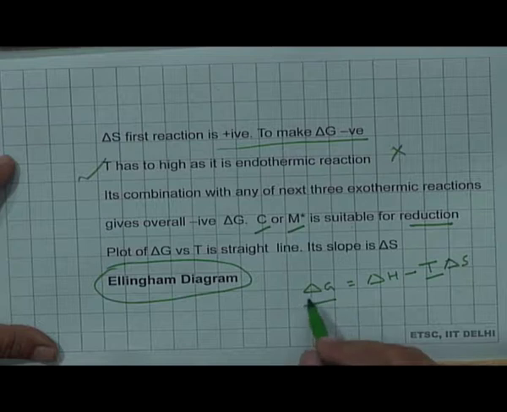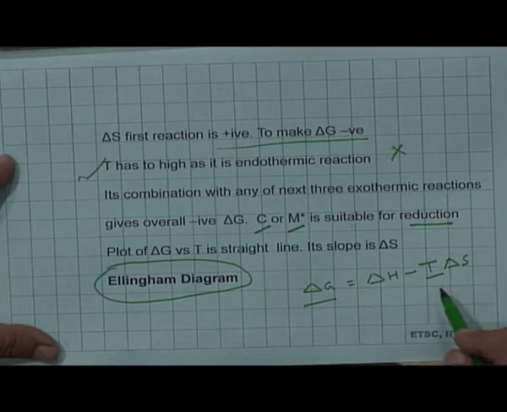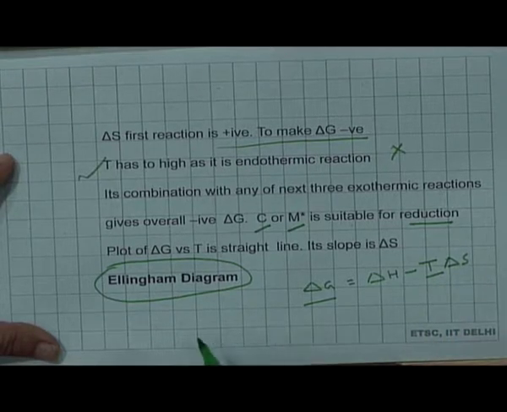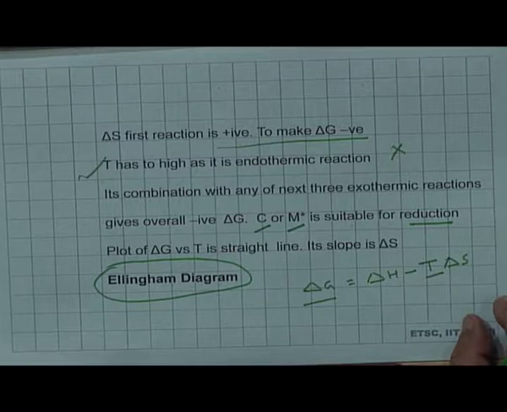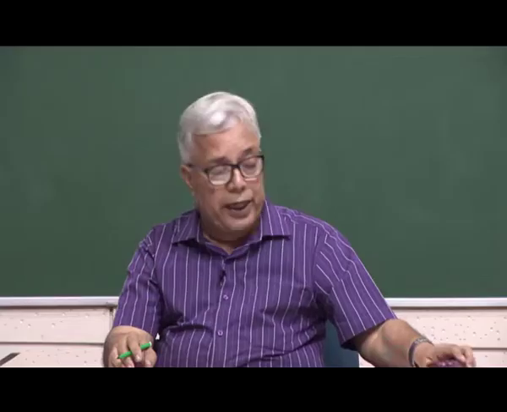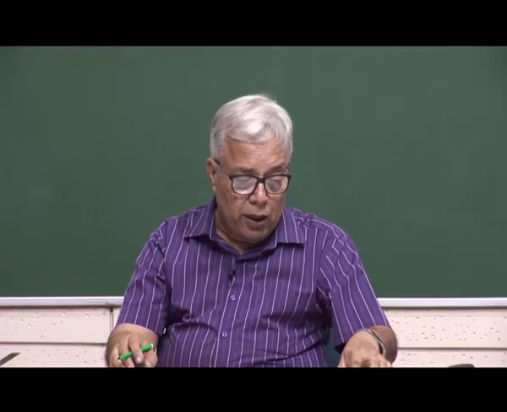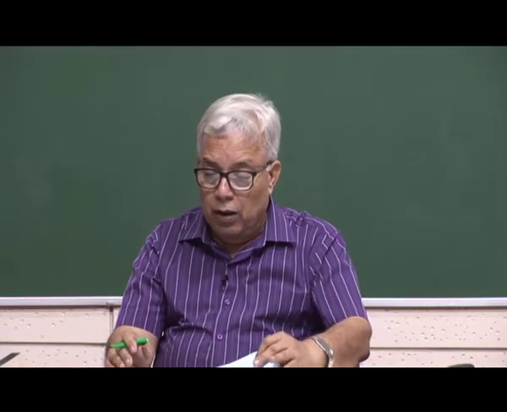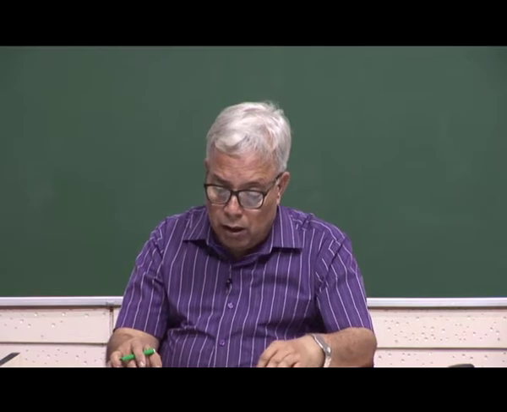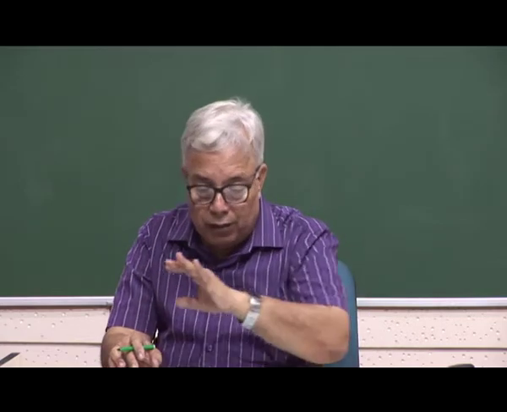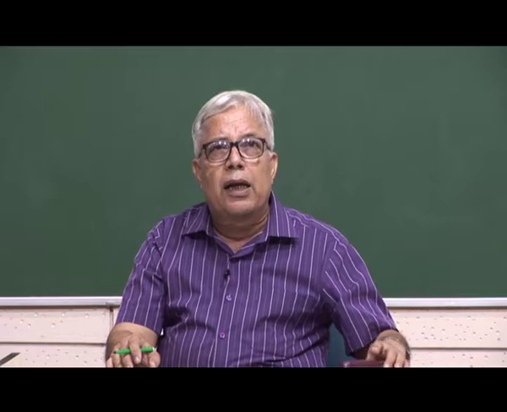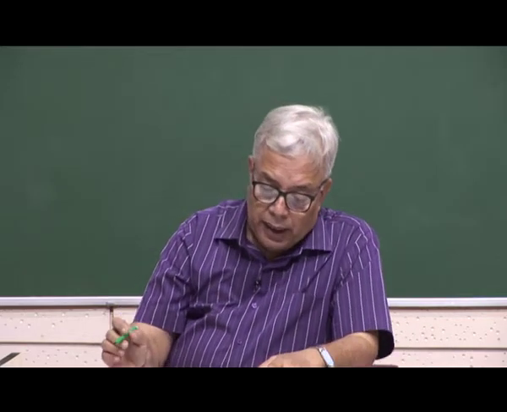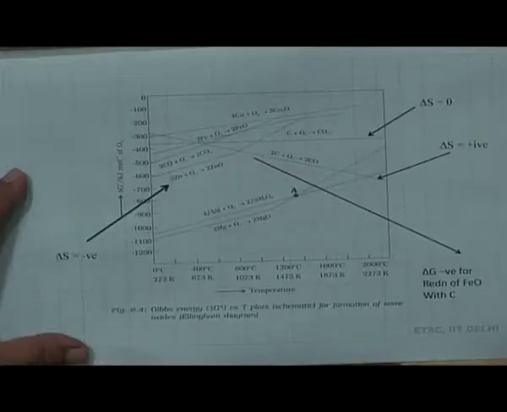Now, the plot between delta G and T is called the Ellingham plot, and using this plot we can easily speculate whether a particular reducing agent will be suitable for reduction of a particular metal. Here the Ellingham plot is shown.